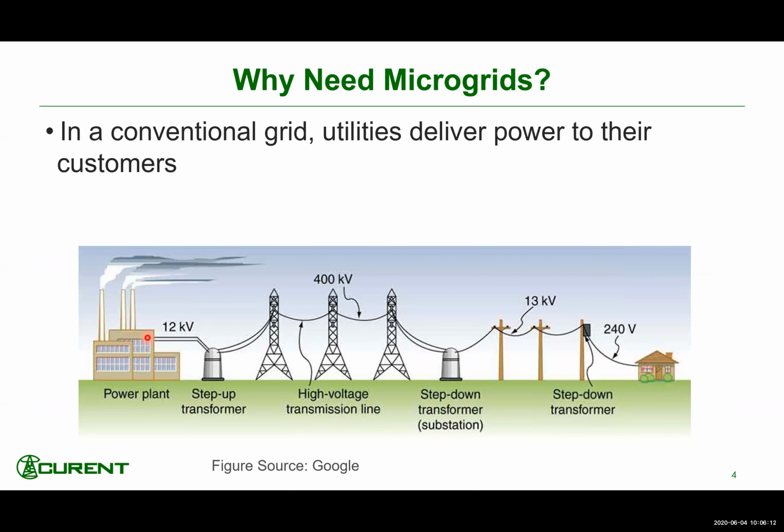The power is generated in the power plant, either hydro, thermal, or even renewable power plant, and goes through the transformer, the high voltage transmission and low voltage distribution, and goes to your home. But if something goes wrong with the main grid, for example a hurricane, tornado, or typhoon, you lose your power.